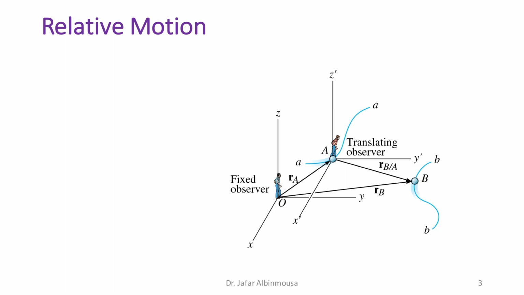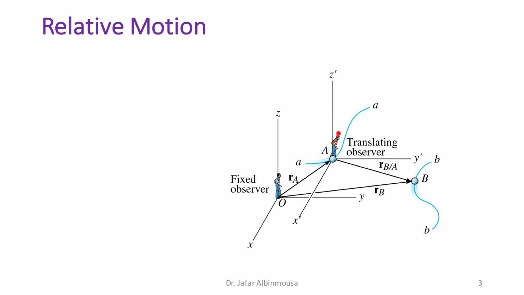So the position vector going from observer O to A we call RA, the position vector RA. Again, this observer will measure the absolute position of particle B, and this is why the position vector is called RB.